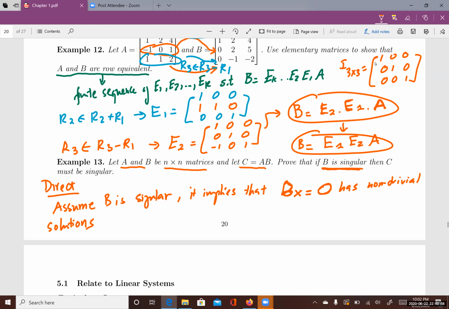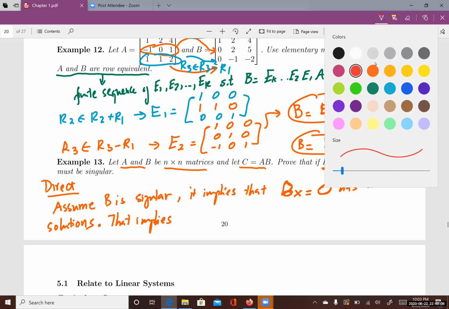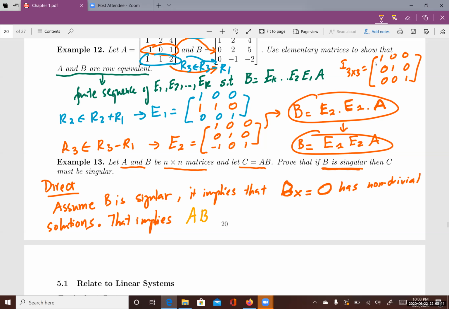Well, that implies that if you multiply A to B, the system ABx equals 0 also has non-trivial solutions. I mean, it has many, many solutions. Because you can just multiply A to Bx and you have A times 0, which is 0.